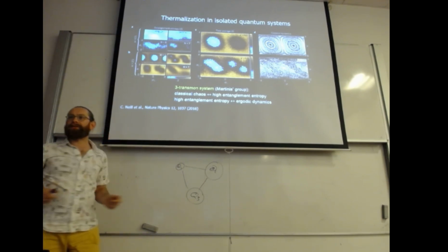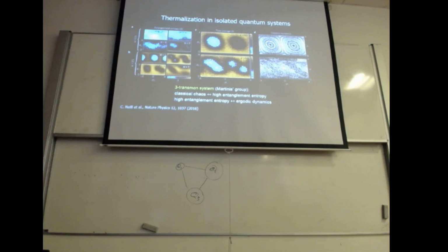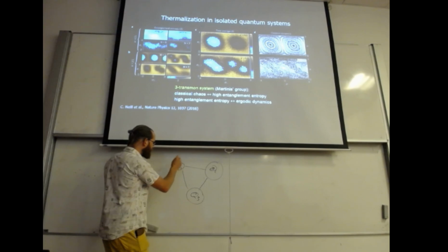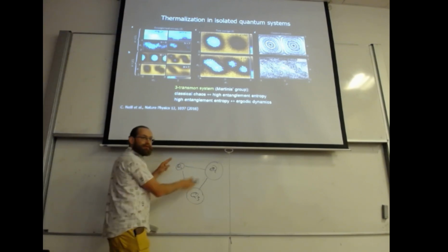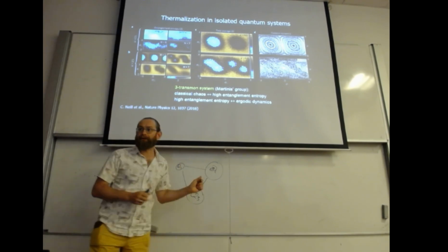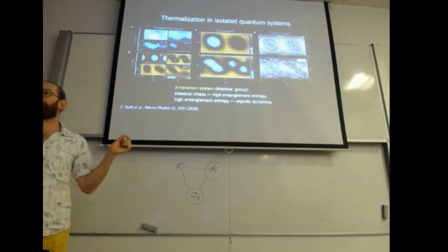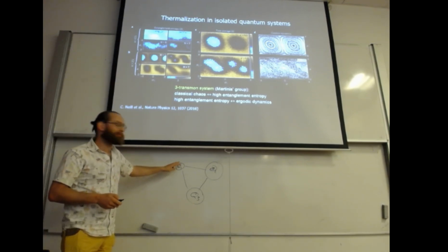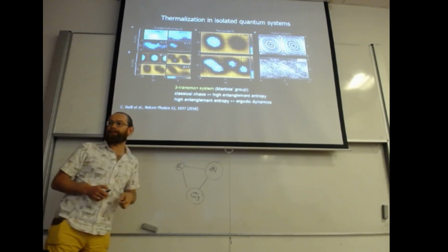By playing some clever tricks, you can implement a classically chaotic Hamiltonian on this. And the way they measure that is that they prepare initial states that are pure states on each individual qubit. So this is a fully pure subspace of a spin-1/2-like particle, basically, in each superconducting qubit.